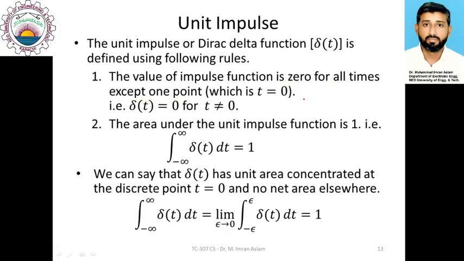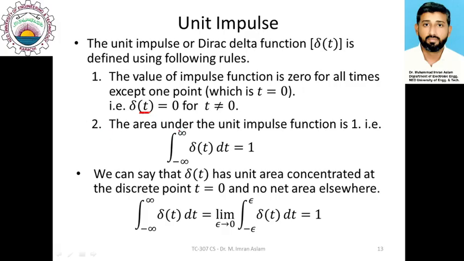It exists at only one point, which is the point where the argument t becomes equal to 0. So I can write that delta(t) is equal to 0 whenever t is not equal to 0, and whenever t is equal to 0, delta(t) is not equal to 0. So this is one property, that the function exists at only one point, and the point is where this argument t is equal to 0.